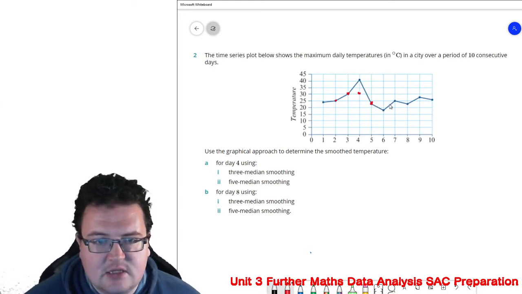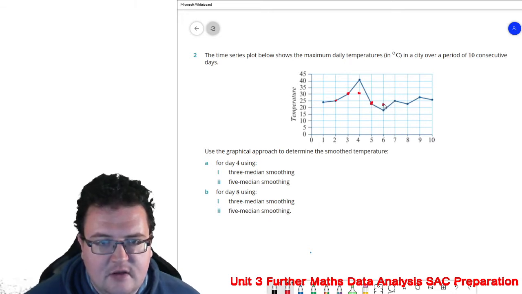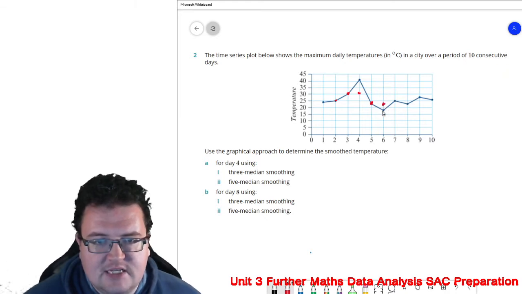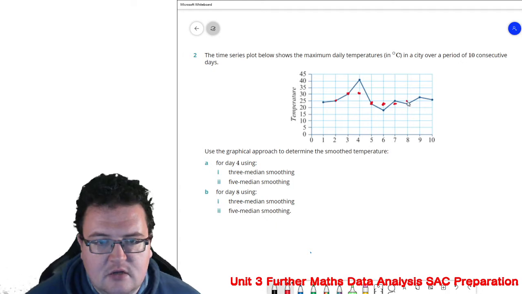Day 6, you've got that one there and that one there, so that'll stay there at the 5. Days 6, 7, 8. That 8 will come across here. Day 8 will be over here. And day 9 will be here.